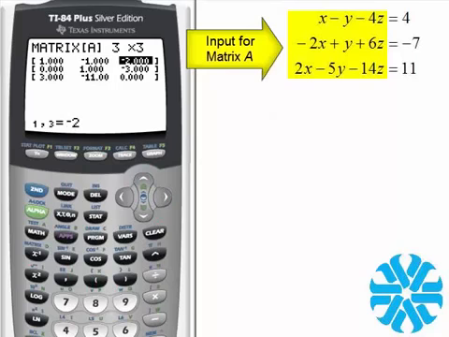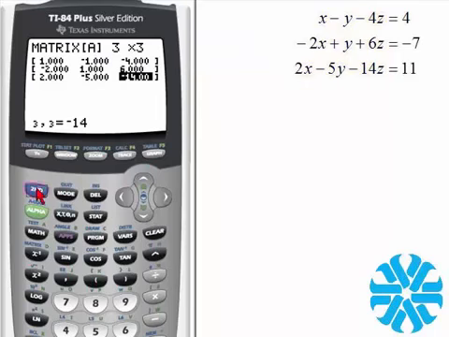Then we have -4, and then enter. -2, 1, 6, 2, -5, and -14. Okay, so that's matrix A.